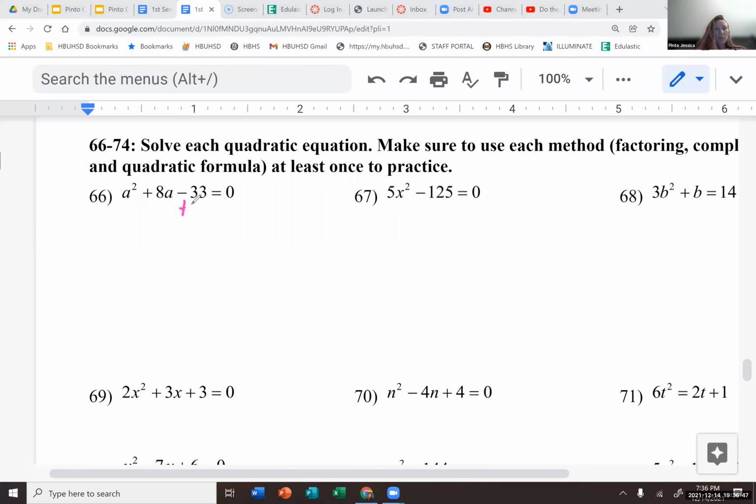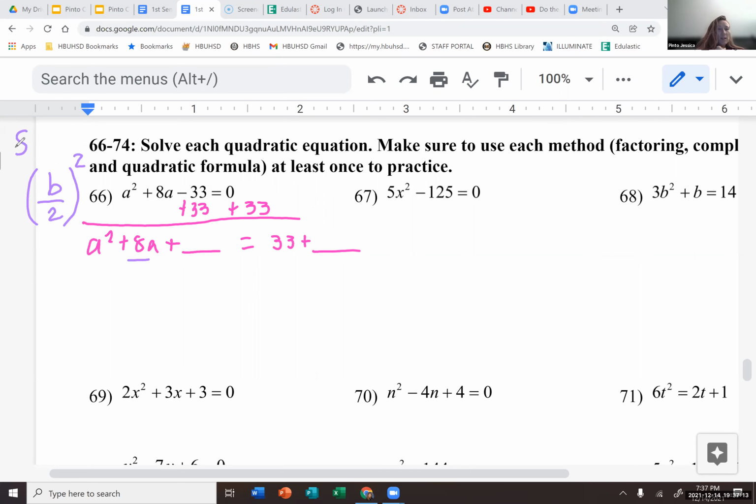So I'm going to add 33 to both sides. And then I'm going to do the work of completing the square. The special number that I'm going to add to both sides, I like to just put a blank there, it makes me feel good. So it's from the formula, it's b divided by 2 squared. That's the special c.